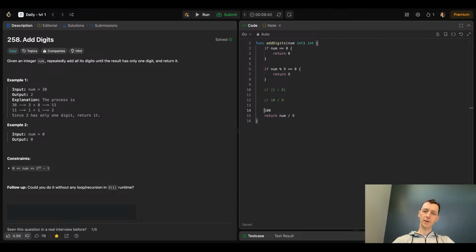Well, we know that 10 is 1. 11, if it's 18. Okay, so what's the remainder?